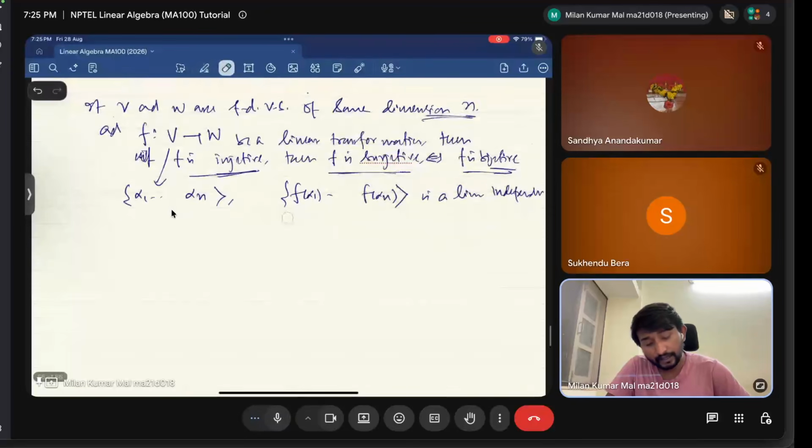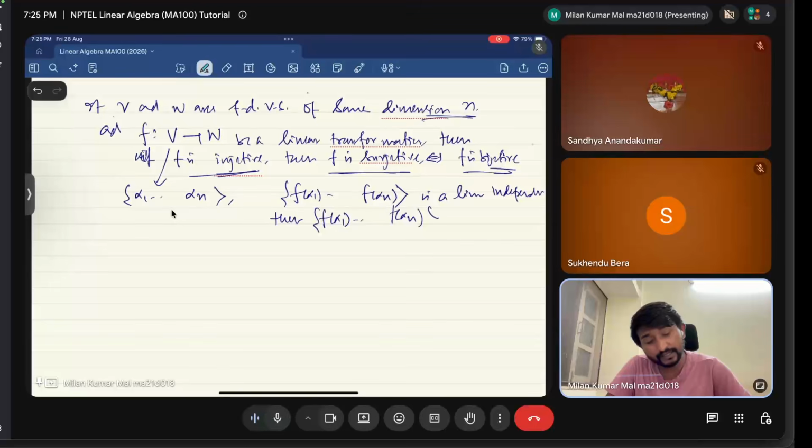And then this set is a basis of W, because W has dimension n and we got a linearly independent set of n vectors, so that set has to be a basis. There is no other way.